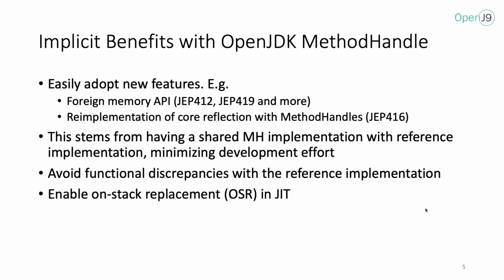So there are a number of benefits we get with this move to OpenJDK method handles. Firstly, we can easily adopt new features. Some examples are the foreign memory API through JEP 412 and 419, and more recently, the re-implementation of core reflection using method handles that was done through JEP 416.